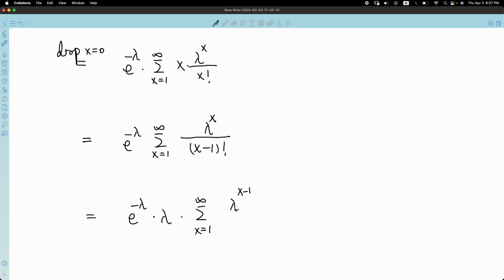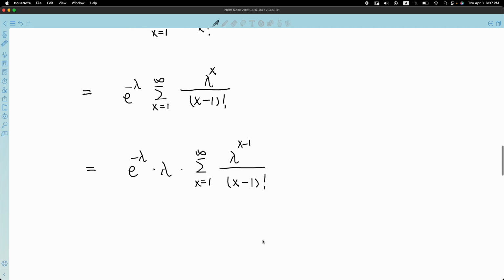I'm bringing one more copy of the lambda, which is a constant, outside the summation, so that the power just has one lambda less. Yeah.